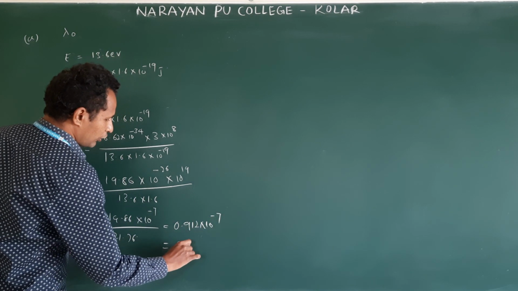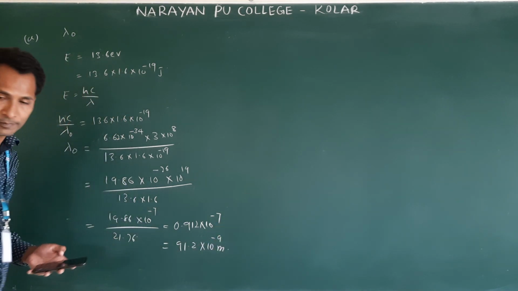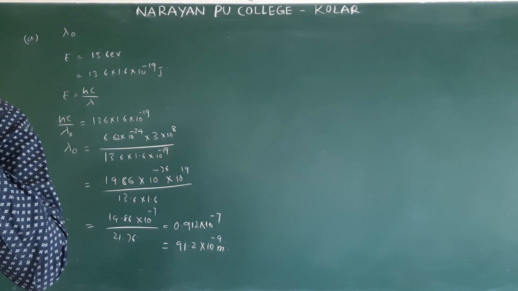This will be 91.2 into 10 power minus 9 meter. 91.2 nanometer, right?